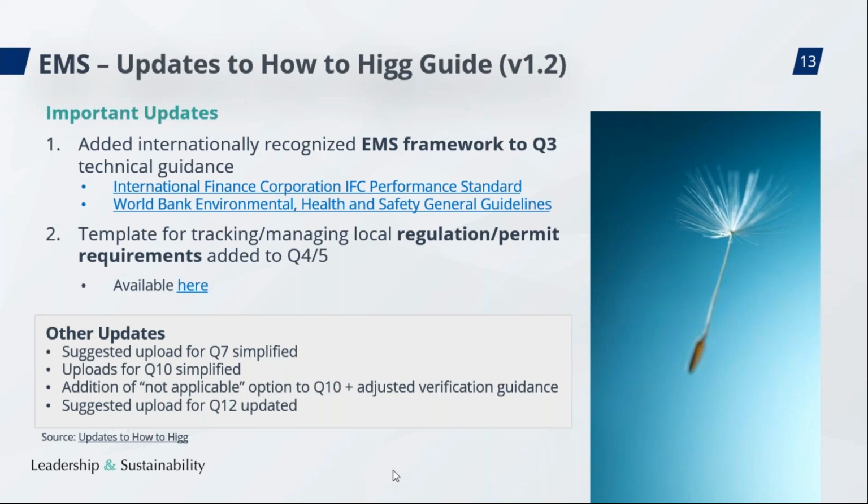Then there is a template for tracking the local regulations and permit requirements. At a minimum, it is advised to create a regularly updated document that tracks your environmental permit review and update approach on a set schedule. This is one question that you need to follow.